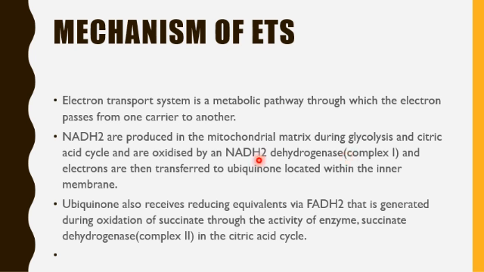Oxidized means that hydrogen ions are being released, and electrons are then transferred to ubiquinone located within the inner membrane. Ubiquinone also receives reducing equivalents via FADH2 that is generated during oxidation of succinate through the activity of the enzyme succinate dehydrogenase, and that is complex 2 in the citric cycle.